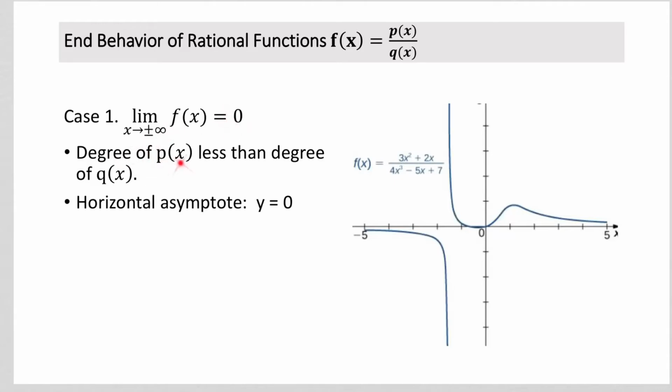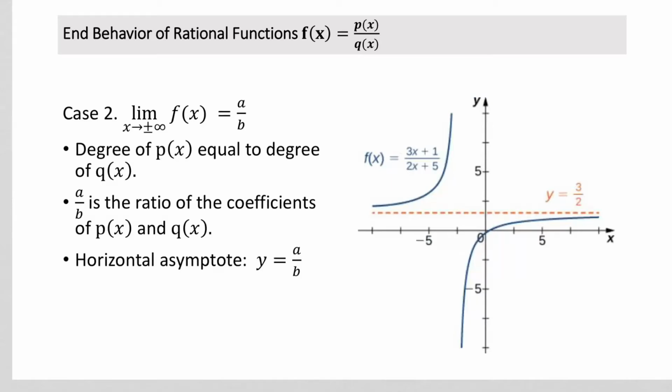The degree of p of x, the numerator polynomial, is less than the degree of the denominator polynomial. In this picture, I have a degree 2 divided by a degree 3. Both ends flatten out at y equals 0, so we have a horizontal asymptote, y equals 0.